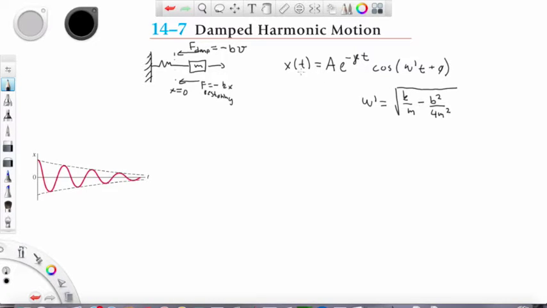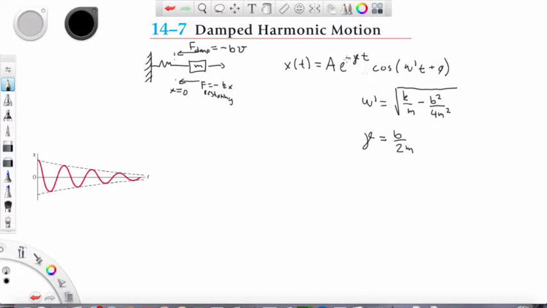The b is the proportionality constant of the damping force. And from this expression we see that whenever there's damping, the oscillation frequency reduces a little bit by this factor. The constant gamma in the spring mass system case is b over 2m.